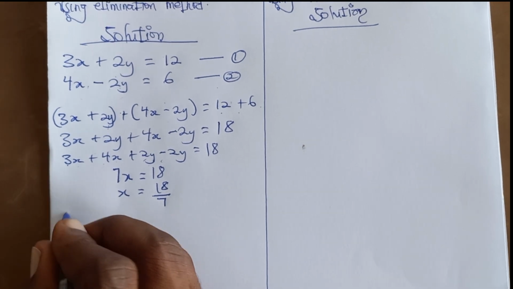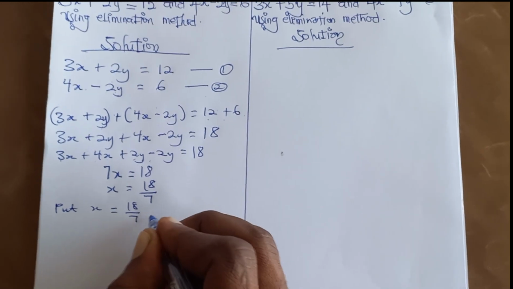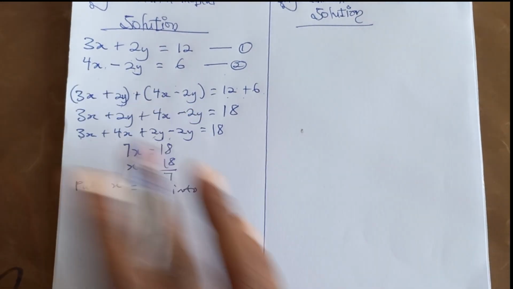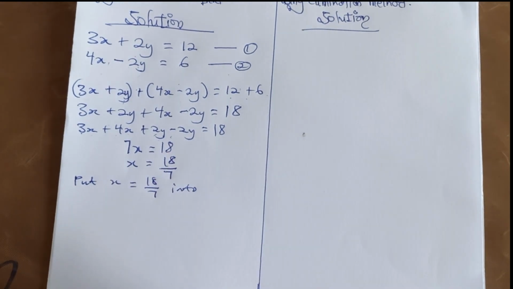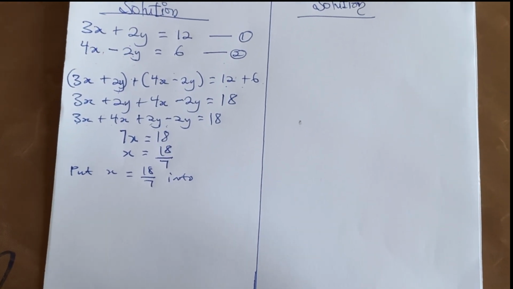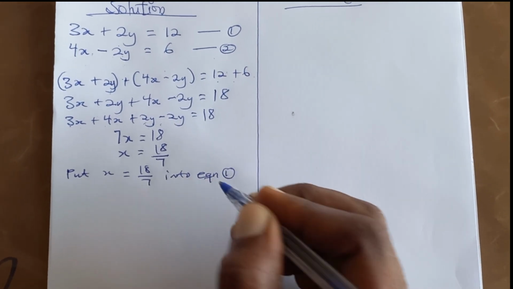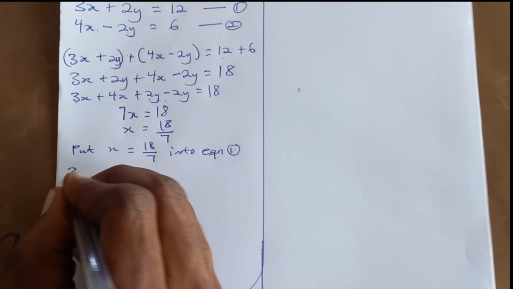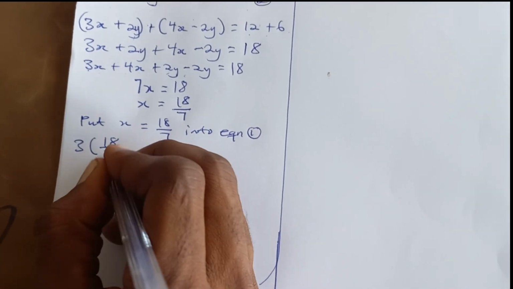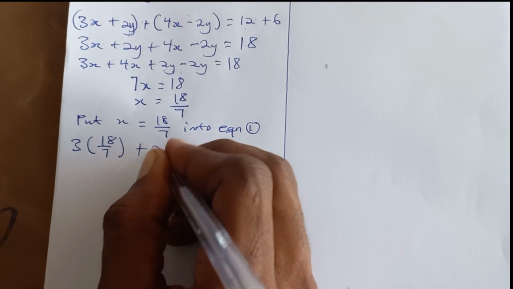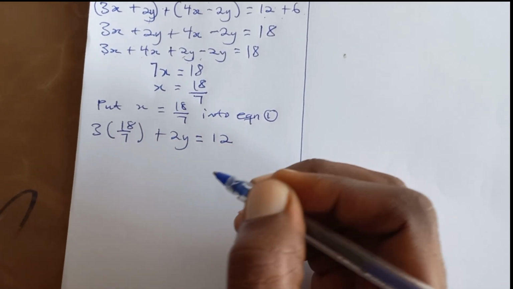We can now put x, which is 18 over 7, into any of the equations, being equation 1 or equation 2. So let's put it in equation 1. We get 3 into bracket 18 over 7 plus 2y is equal to 12.